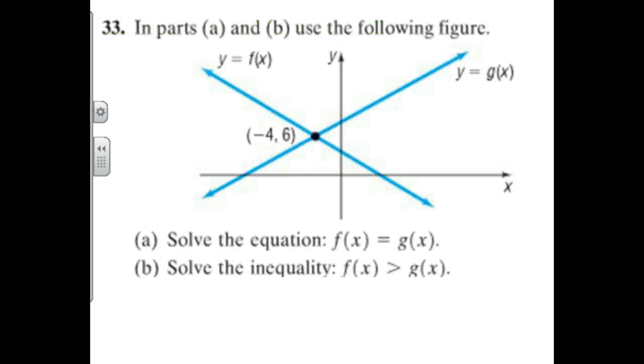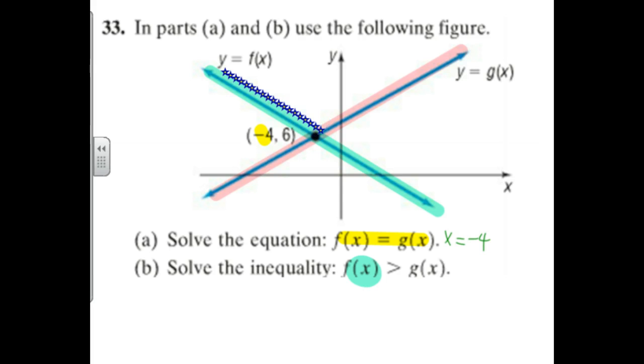So this is kind of interesting. It's saying where are the two functions equal, and the two functions are equal when I let x equal negative 4. The second part says when is the blue f of x function greater than the pink function? It looks like the blue function's greater for all of these star values.